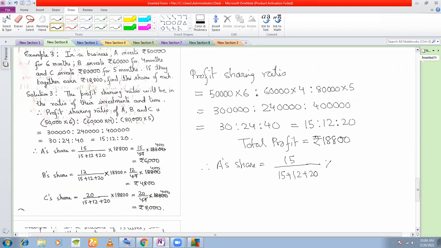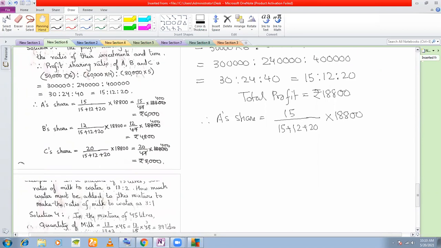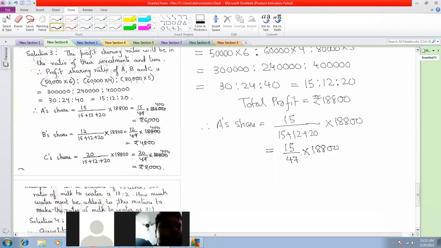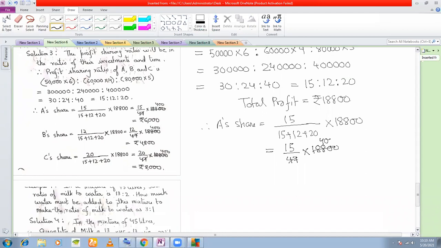And what is the total? 18,800. That means here you will get 15 by 47 into 18,800. Now 188 will cancel with 47, 4 times, leaving 400. So A gets 6,000 rupees.